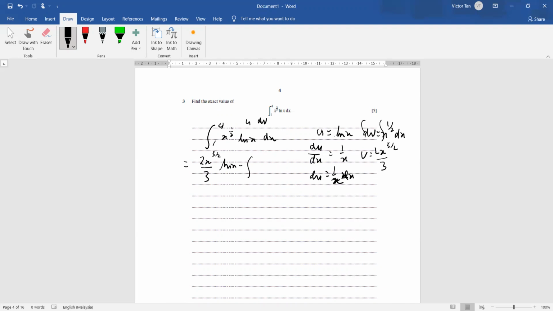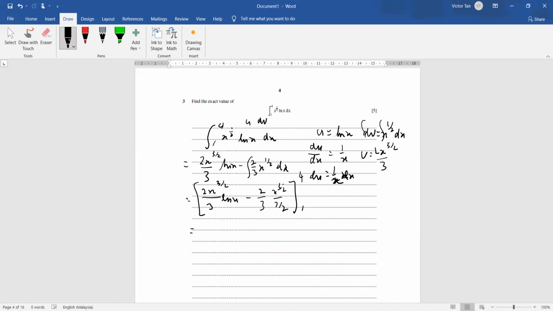Now I like to do all this first, before I put in all the values. This is 2 over 3 x to the power 3 over 2 ln x, minus 2 over 3 times x to the 3 over 2 over 3 over 2 again, from 1 to 4.